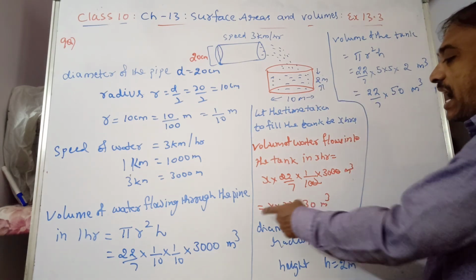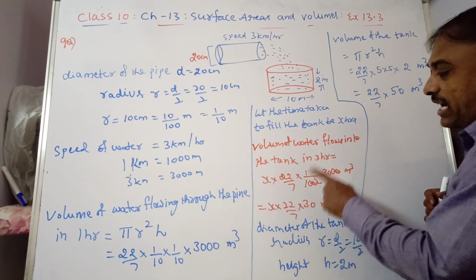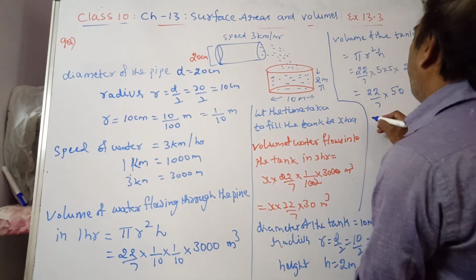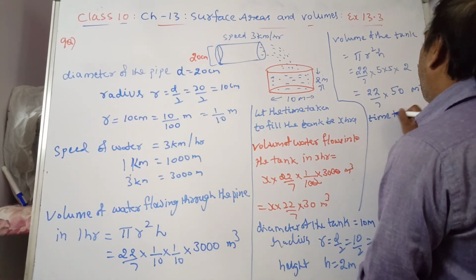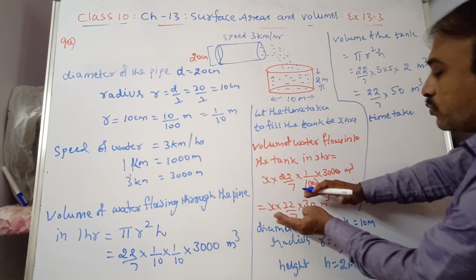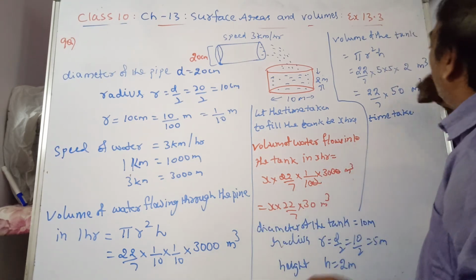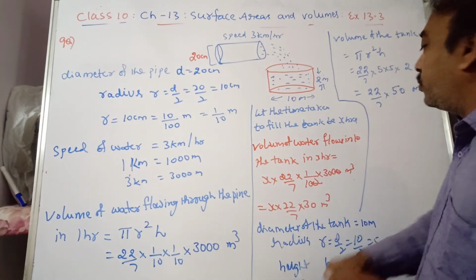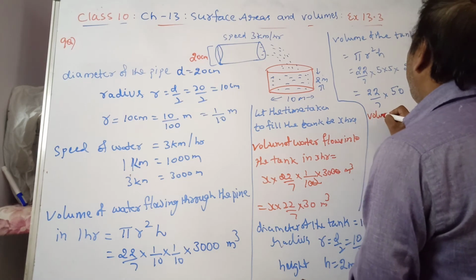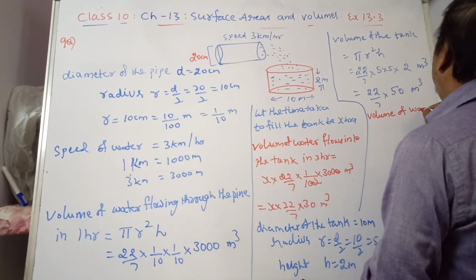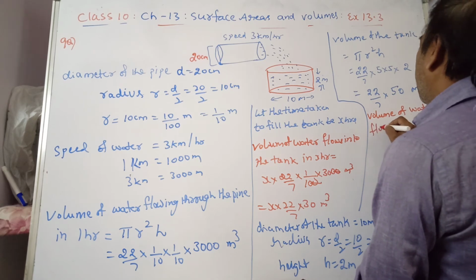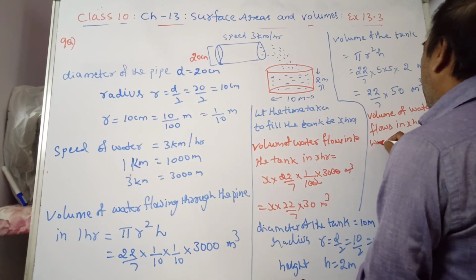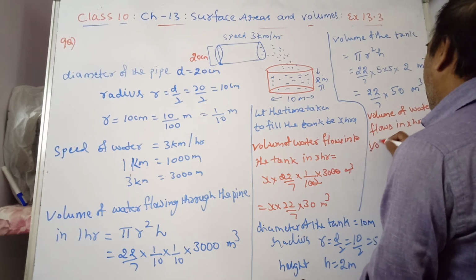And in x hours, let the time taken, this much water is flowing. Time taken to fill the tank: the volume of water that flows in x hours is equals to the volume of the tank.